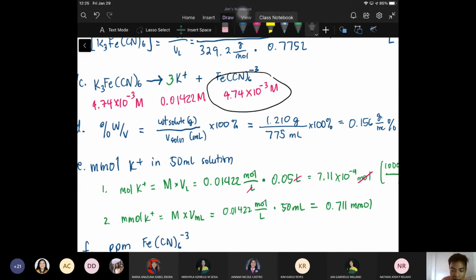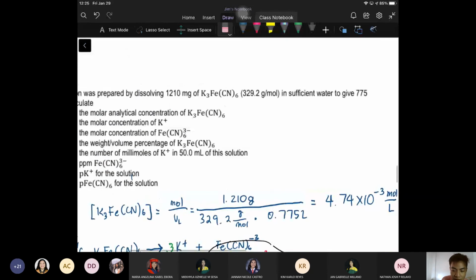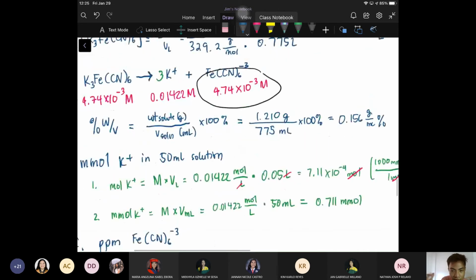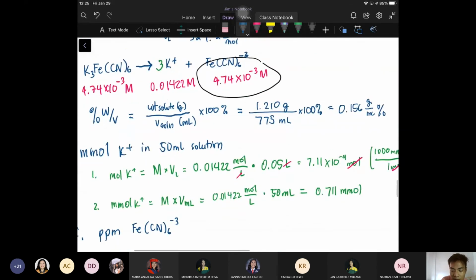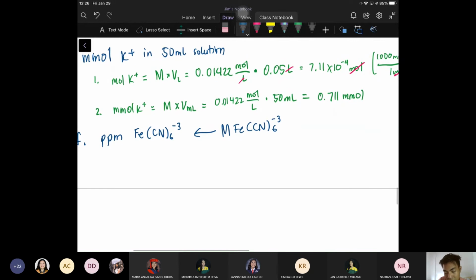So ito, isa na namang conversion from molarity to ppm. So ganun gagawin natin. Kasi hindi naman given yung mass ng FeCN6. Ang given ay yung mass ng K3FeCN6, not the anion. So you have to convert the concentration na lang to ppm. So ganun yung scheme natin ha, from molarity gagawing ppm. Okay, so let's do that. Paano?